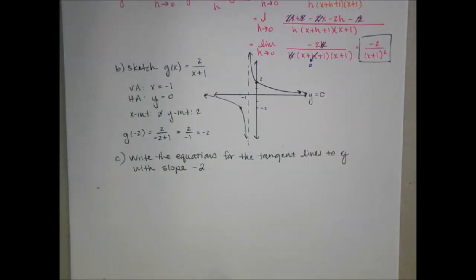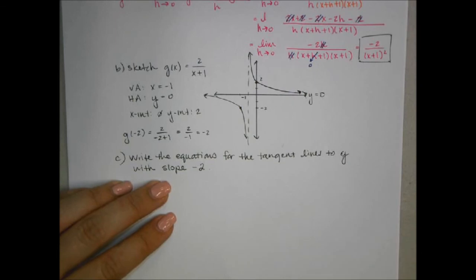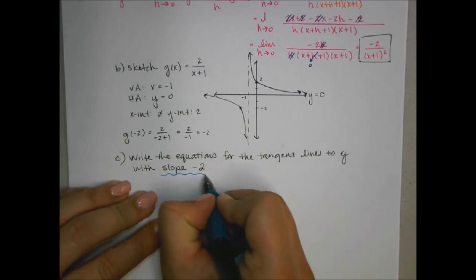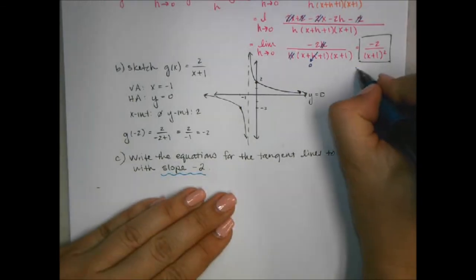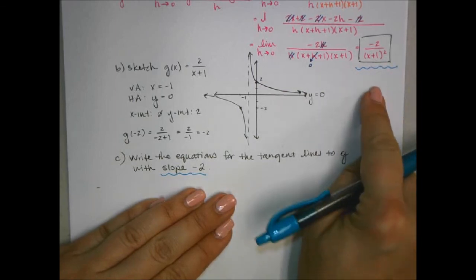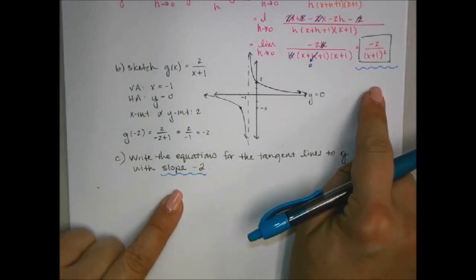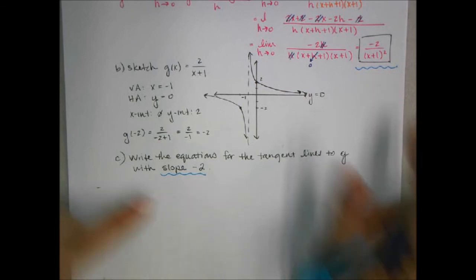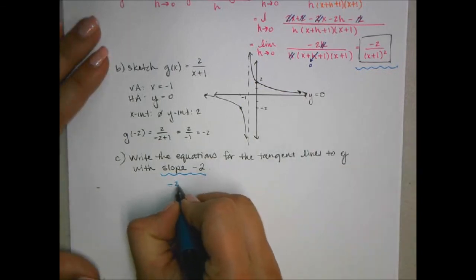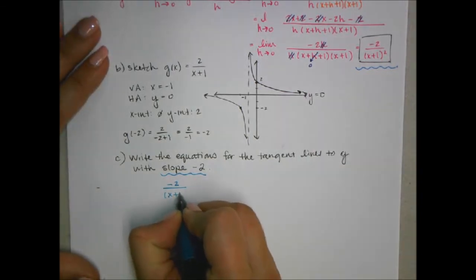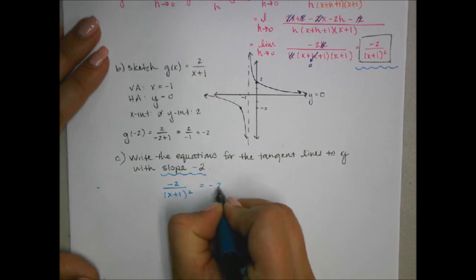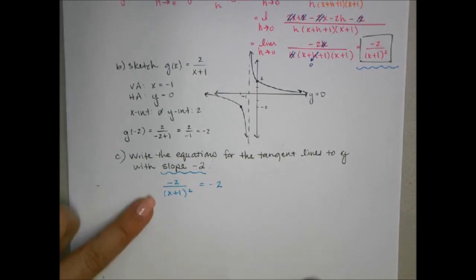Okay, so we take our slope function here, way back here. This is our slope function. This is what we want the slope to be. So we're going to set the 2 things equal. Okay, we'll go ahead and solve for x.